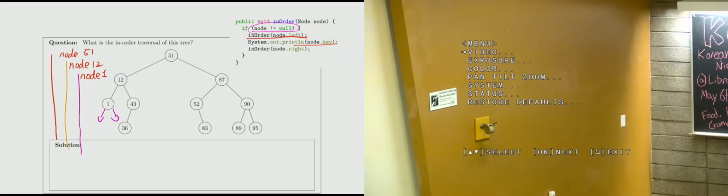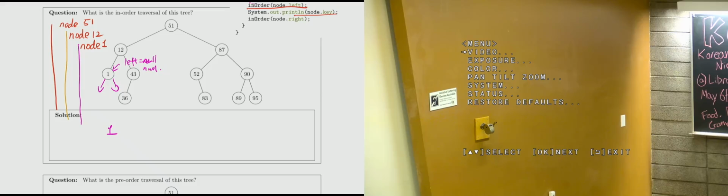The base case is null equals null, because for this node the left is null and the right is also null, right? So it will hit the base case and then print out the element. So the first element will be 1.